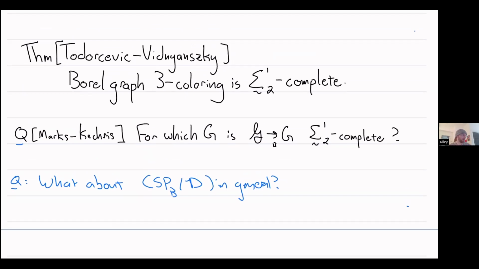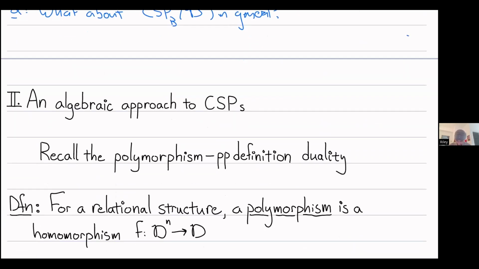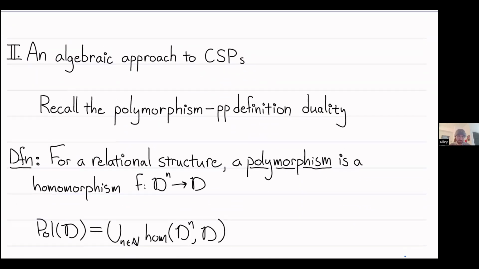Okay. So that's some background on the descriptive set theory side. Now I want to remind you a little bit about some of the classic theory of CSPs in the finite setting, homomorphism problems, and some of the algebraic tools that get used to solve them. So first, let's recall this polymorphism PP definition duality.